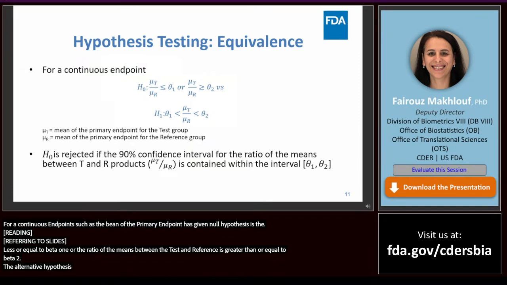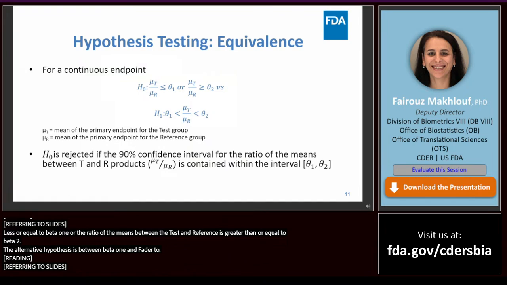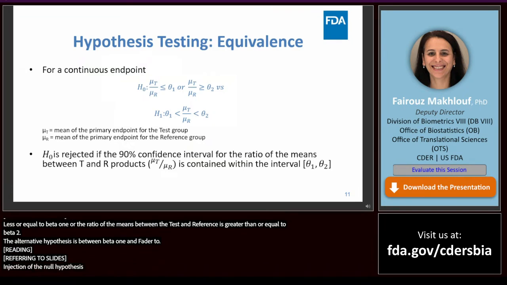The null hypothesis is rejected with a type 1 error of 0.05 if the 90% confidence interval for the ratio of the means between test and reference product is contained within the closed interval theta 1, theta 2. Rejection of the null hypothesis supports the conclusion of equivalence of the two products.